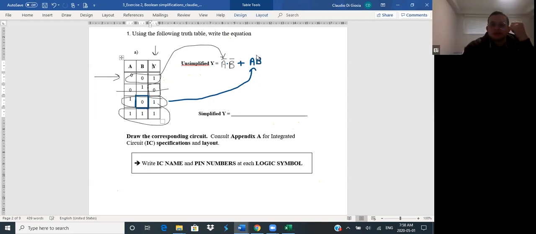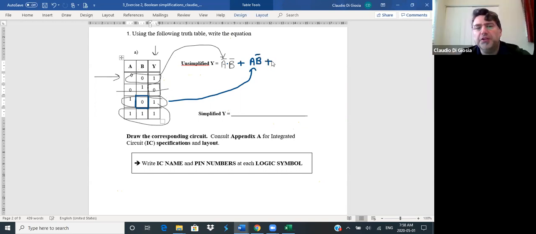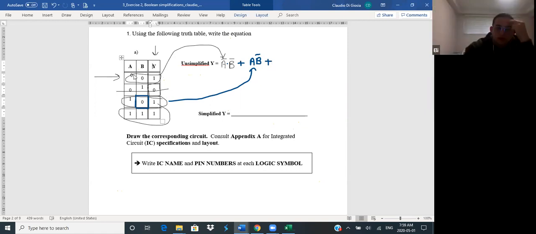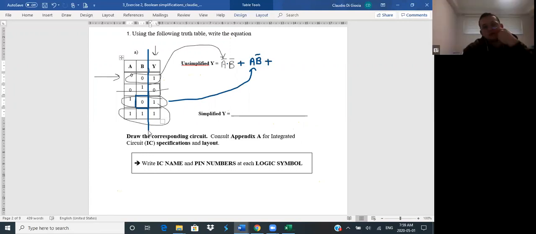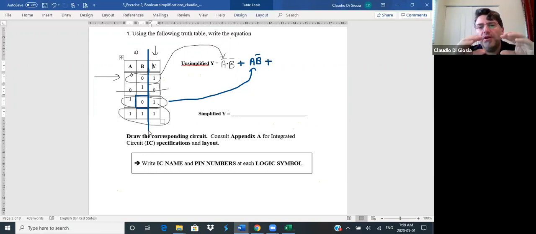I don't understand something. Let's say the first one, 0, 0, 1. Why do we do A naught and B naught? Why can't you do just A plus B? One group, that first row is a group. All the variables within that group have to be multiplied, so they're ANDed.